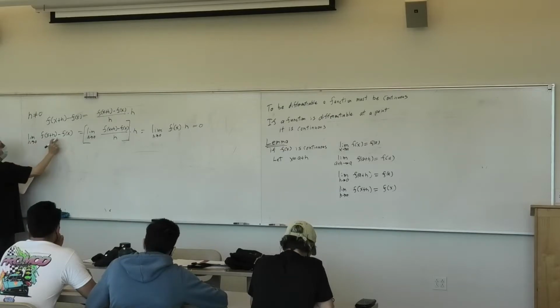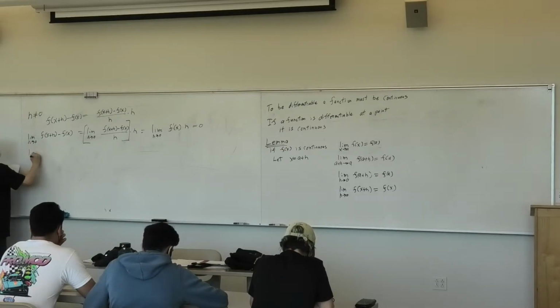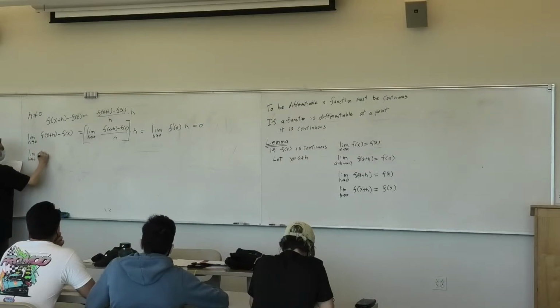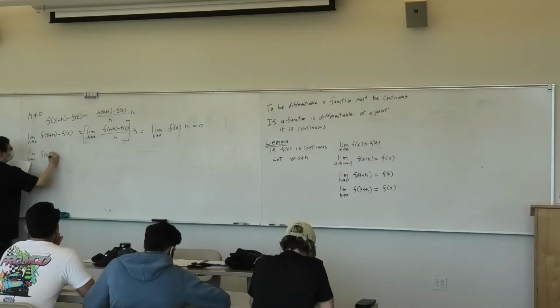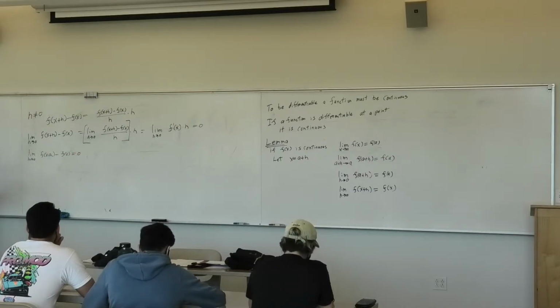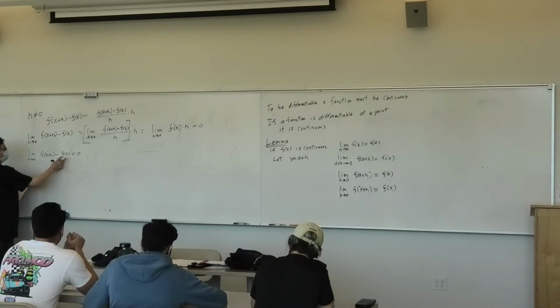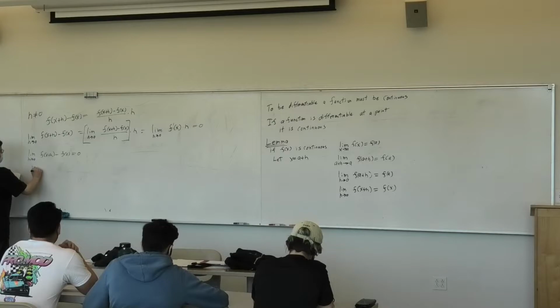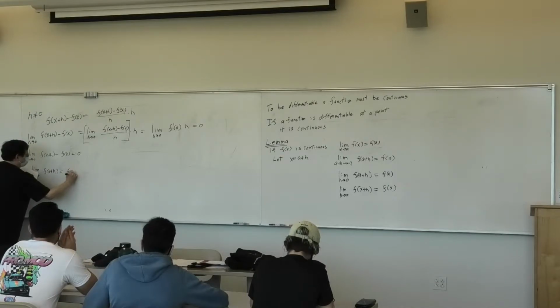So we have that the limit as h approaches 0 of f of x plus h minus f of x is 0. Well, the limit of f of x as h approaches 0 is just f of x. So we have that the limit as h approaches 0 of f of x plus h is equal to f of x.